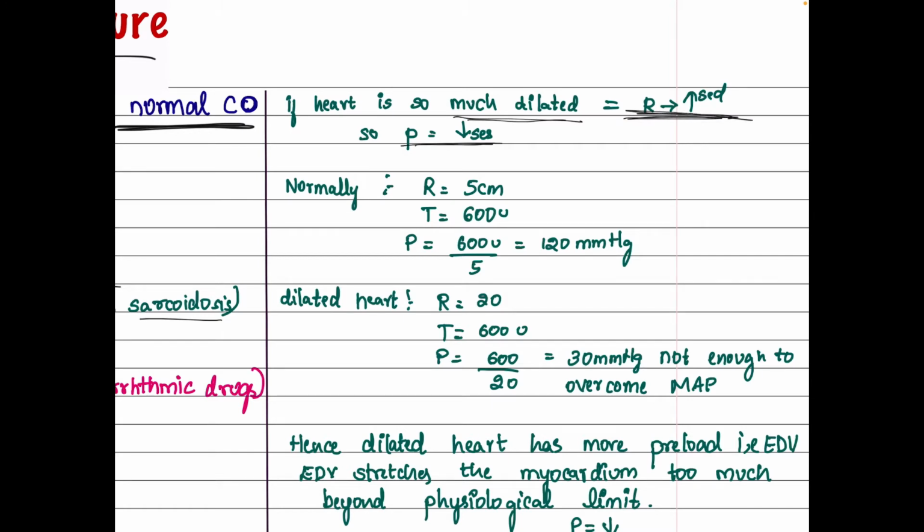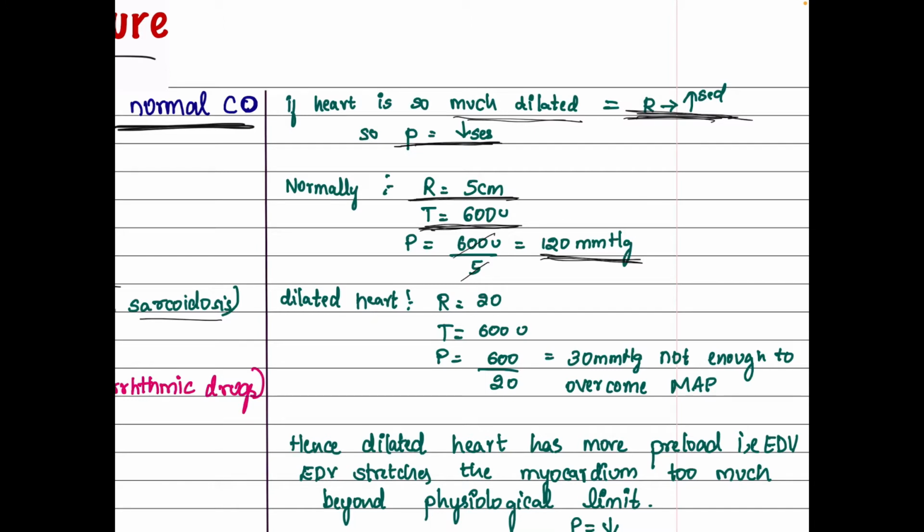So the pressure will decrease, as pressure is inversely proportional to radius. Normally the radius of the heart is 5 cm and tension produced is 600 units, and pressure of about 120 mmHg in the systemic arteries is produced by this, that is tension of 600 units divided by radius of 5 cm.